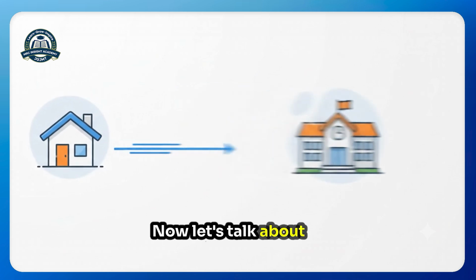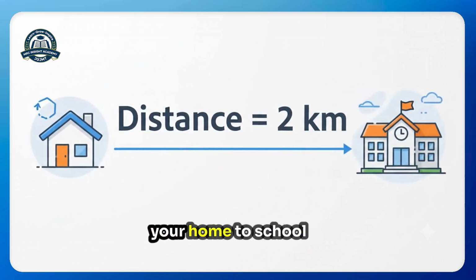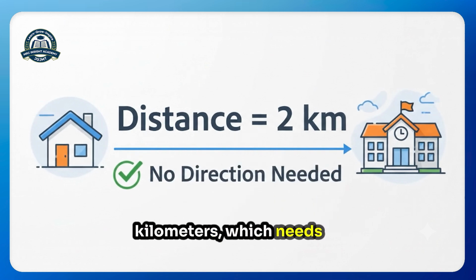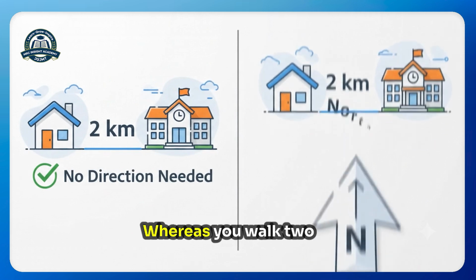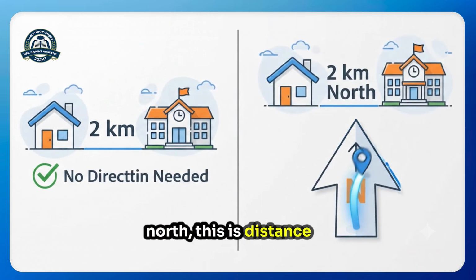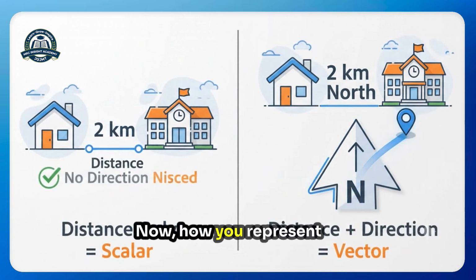Now let's talk about some real life examples. The distance from your home to school is, suppose, 2 kilometers, which needs absolutely no direction. Whereas if you walk 2 kilometers towards north, this is distance plus direction. Now how do you represent it?